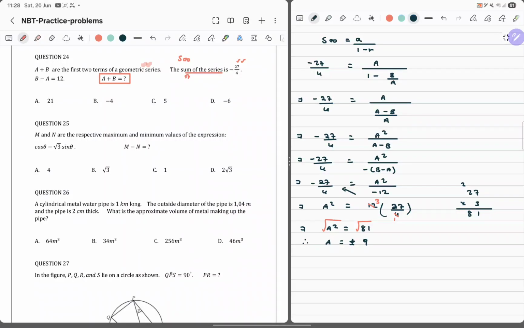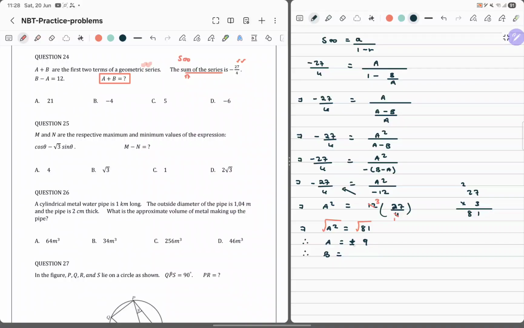Right, so what are we looking for? A plus b. Now let's think about it. In this case, b should be 12 plus or minus a. Let's say a is positive. So if a is positive, this is b minus 9. When we bring it across, b can be 12 plus 9 is 15, right?